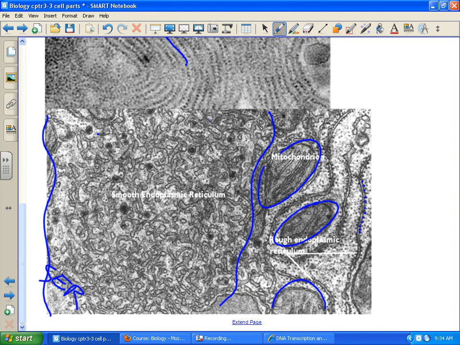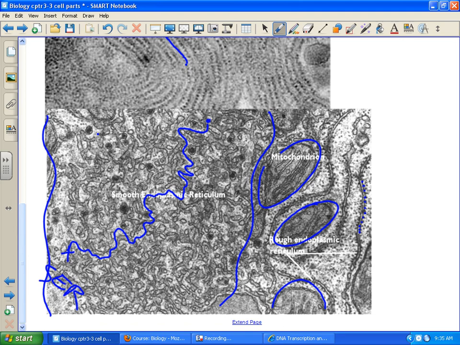If I'm a steroid and I'm here and I need to get here, am I going to get a straight shot? No. Boop, boop, boop, boop. That's not too efficient. Smooth is like back roads that might not actually go where you want them to go. You get lost doing GPS.